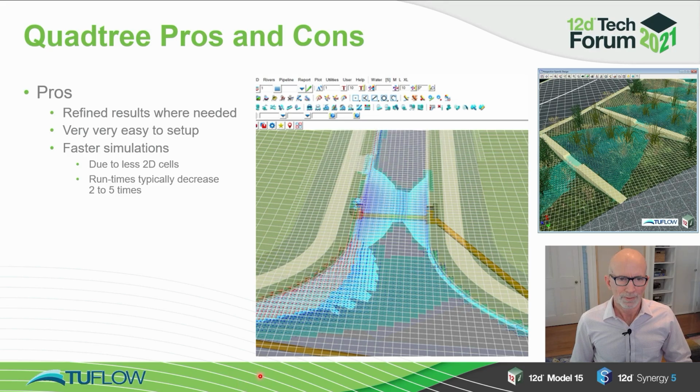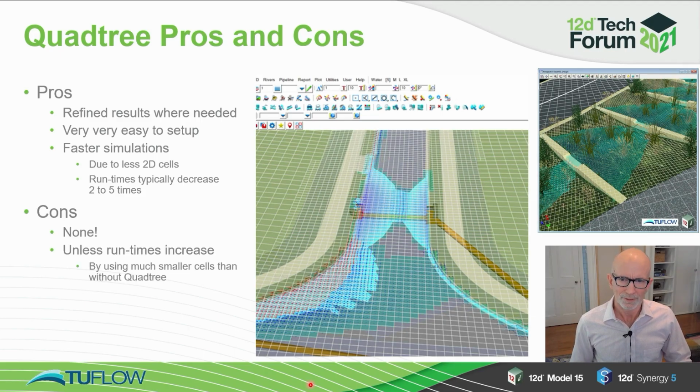So the beauty about it is it's very, very easy to set up, as I've just shown, and you will generally get faster simulations, and that's because you have fewer 2D cells. So the way to think about it is, I don't need a fine mesh out here away from the road, so let's make a coarser mesh. And typically what we're seeing is existing models which are the same cell size across the whole area are typically 2 to 5 times faster to run, just because we can have a lot fewer 2D cells.